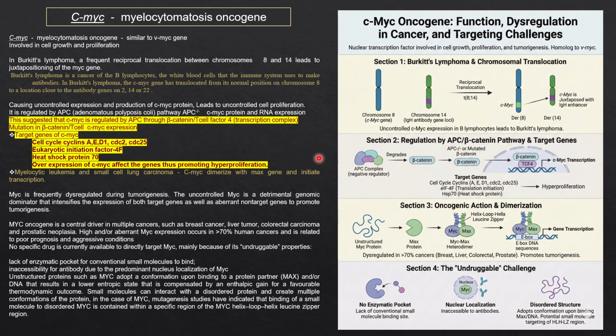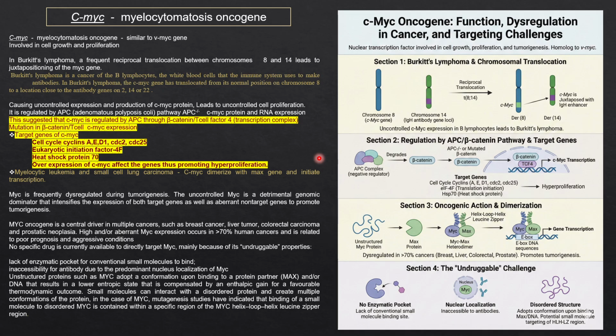The dysregulation of these mechanisms is observed in a large proportion of cancers, including breast, liver, colorectal, and prostate cancer. The final section addresses why CMYC is considered difficult to target therapeutically. Unlike many enzymes, CMYC doesn't have a well-defined active site or binding pocket for small molecule drugs.